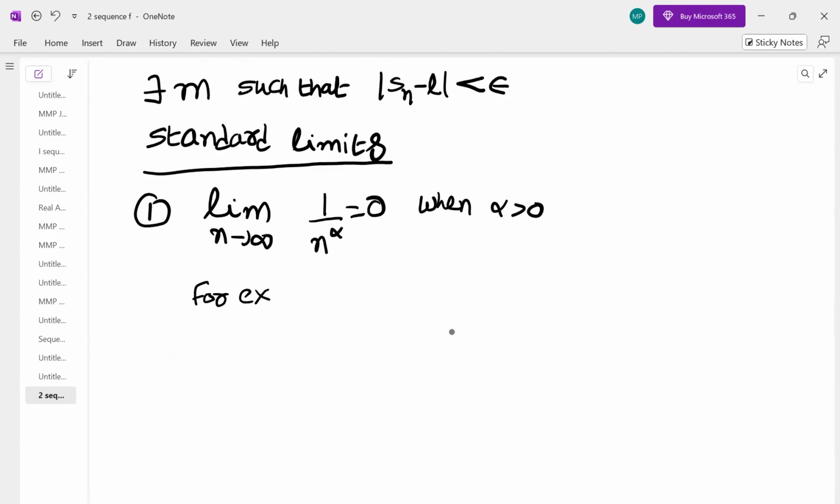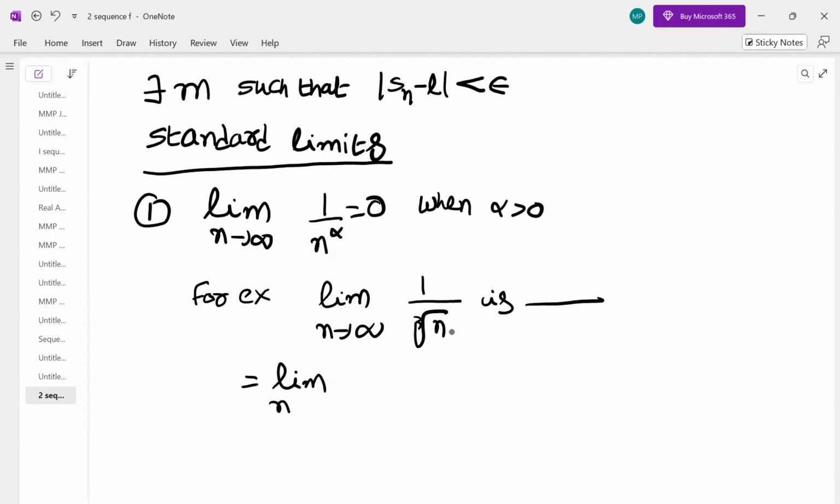So, for example, what is the application of this formula? Limit n tending to infinity of 1 by cube root of n is given to you. You have to write this in the form n power something. So limit of 1 by n power 1 by 3.